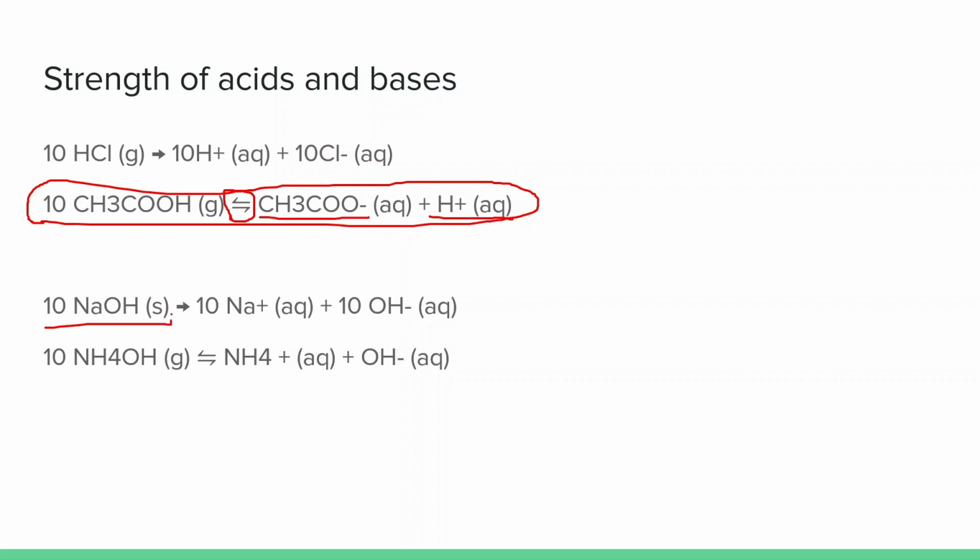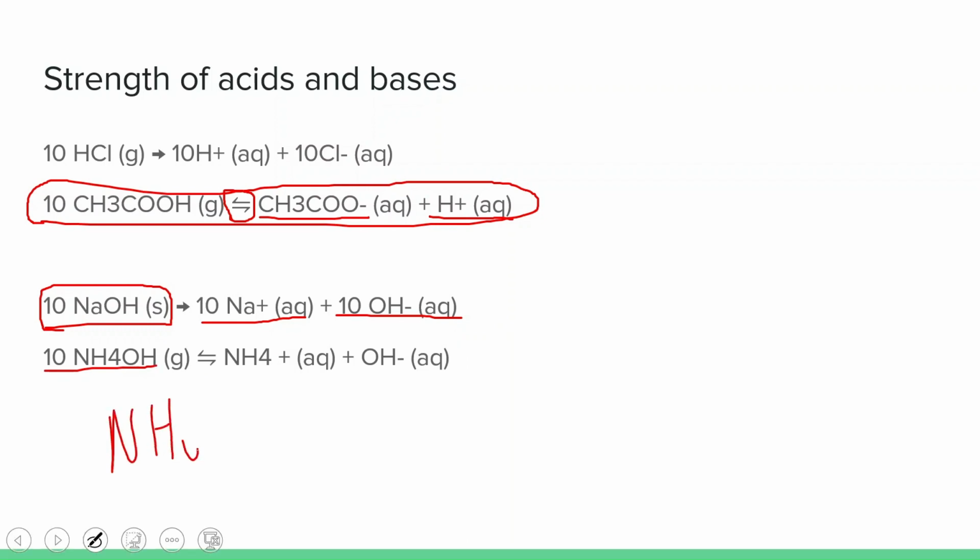Now let's take sodium hydroxide. If you dissolve it in water, you get 10 sodium ions and 10 hydroxide ions, which means it's a strong base. And NH4OH, that's ammonium hydroxide, with the 4 as a subscript, and this is NH4+.